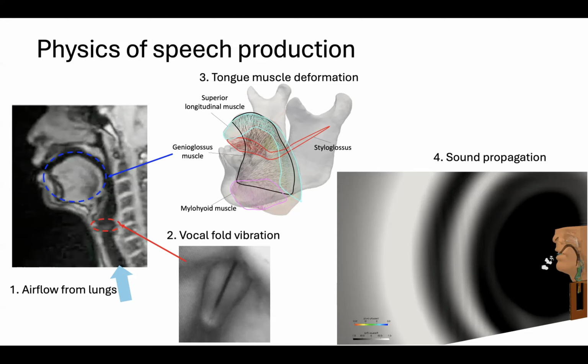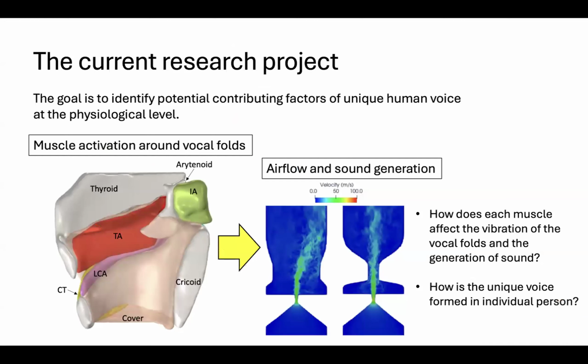As described here, all phenomena can be modeled in a physical simulation to understand the mechanisms. In addition to that, we want to know what will happen when patients have irregular speech with diseases like vocal polyp or cancer. So in the current research project, we are trying to identify the potential contributing factors of unique human voices at a physiological level.